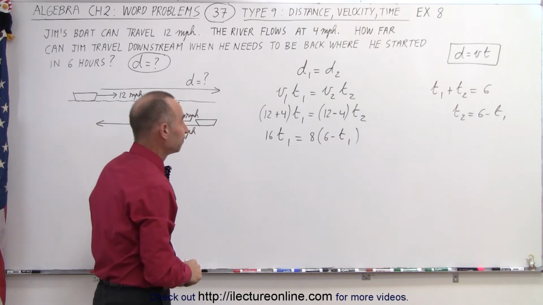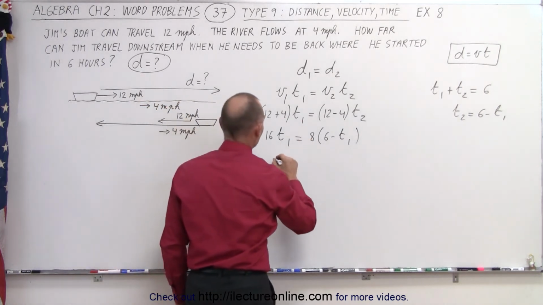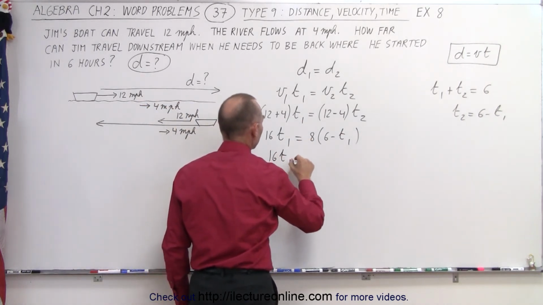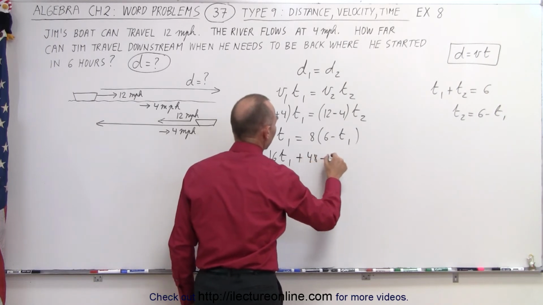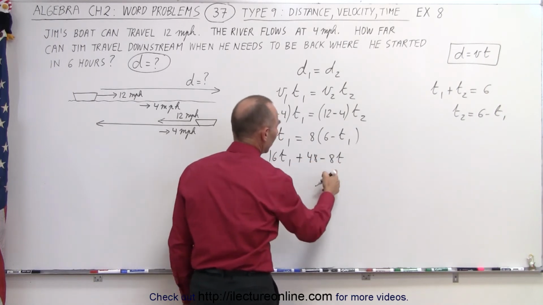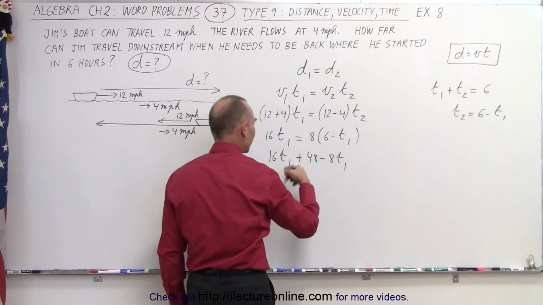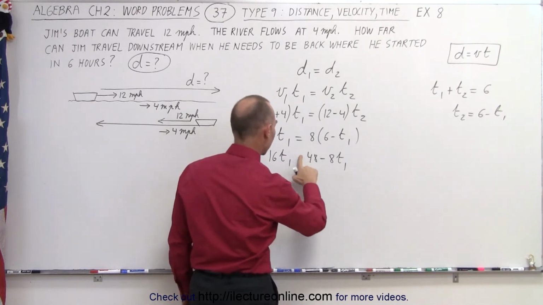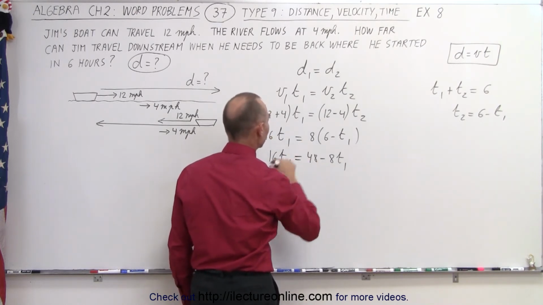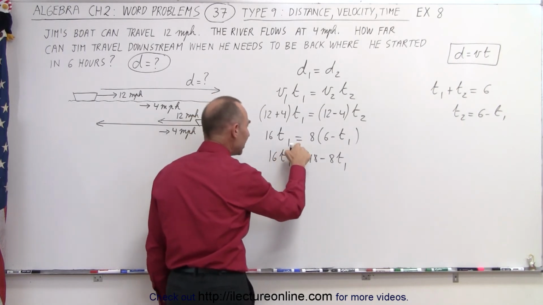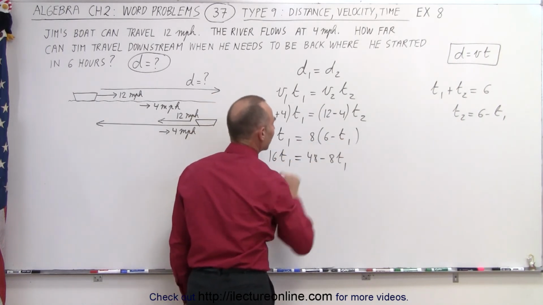Getting rid of the parentheses, 16t1 plus 48 minus 8t1, bringing the 8t1 over becomes a plus. Oh, wait a minute. I should have an equal sign here, not a plus sign. So 16t1 equals 48 minus 8t1.